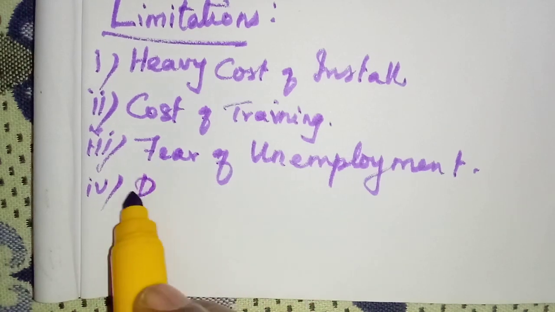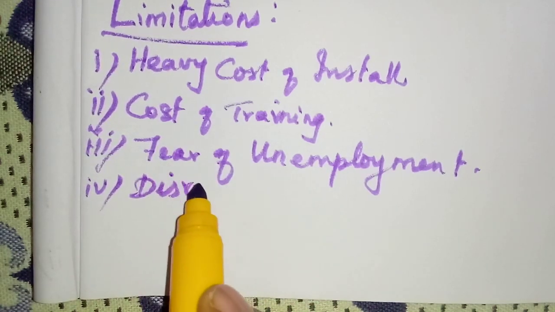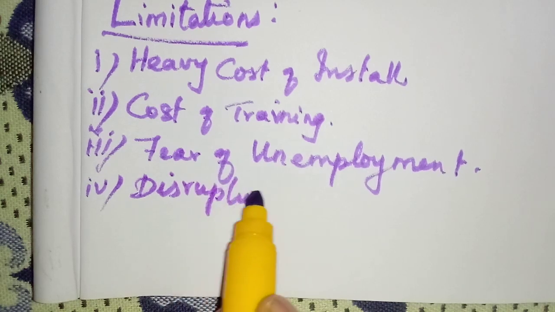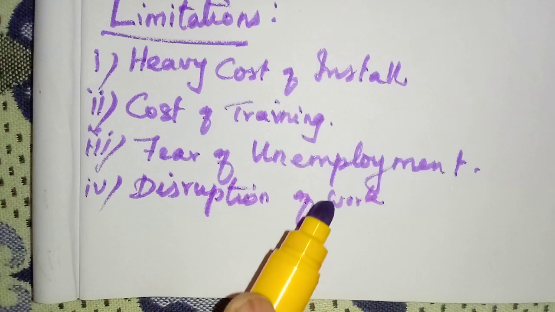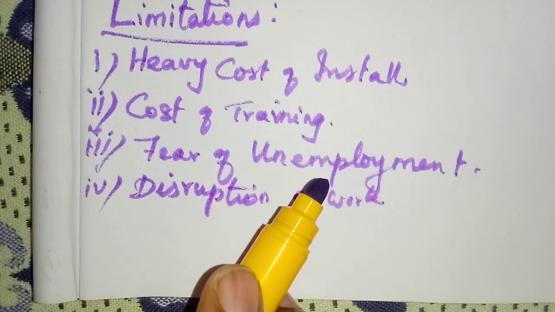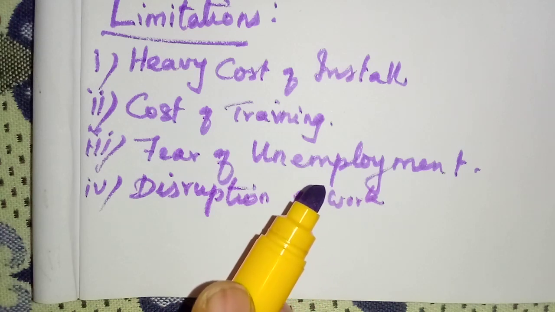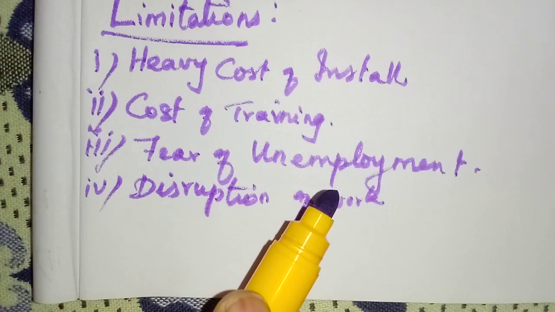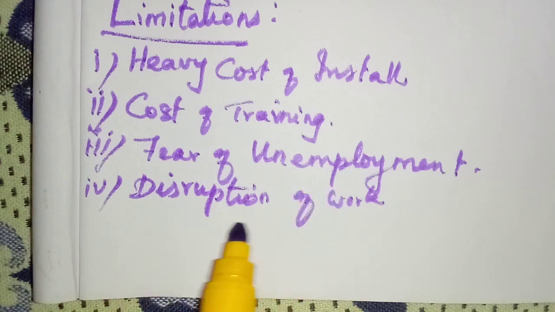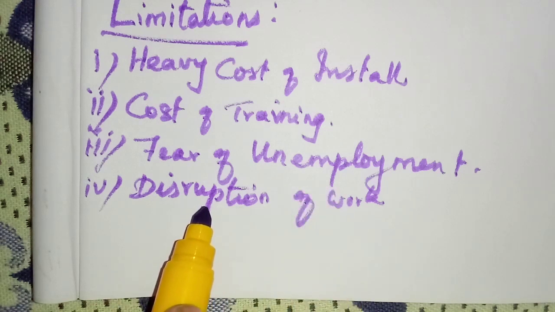Then disruption of work. The work will be disturbed if there is a power cut. Then if there is any small error, it will spoil the whole system, and the work will be disturbed.